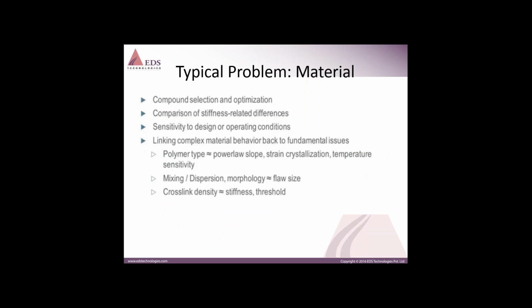The first typical problem is material selection. Rubber is a highly customizable type of material. This means that typically you can change the material property, and there is a change in fatigue life also. So using FSAF Rubber, various effects of these material properties on the fatigue behavior can be easily studied.